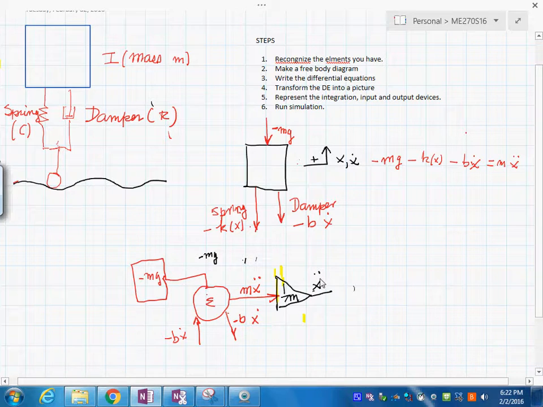This will get us x double dot, and then you have the integration again, 1 over s, and in here you have x dot.